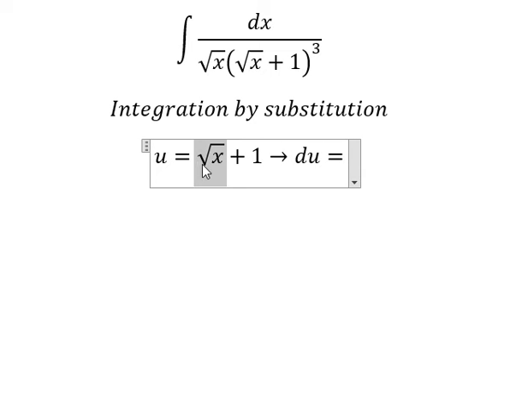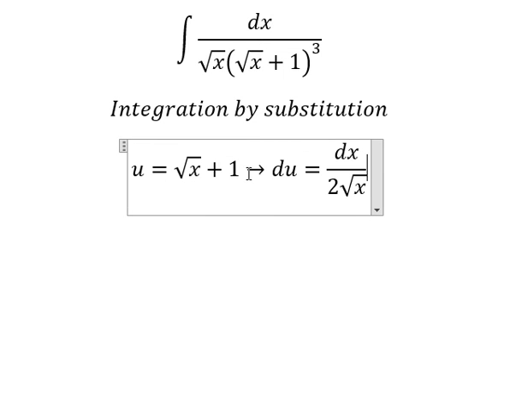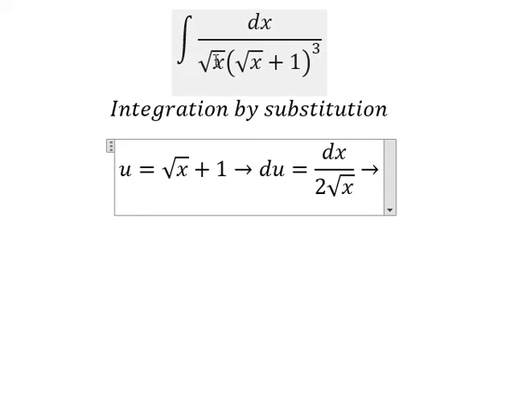First derivative of the square root of x, we have 1 over 2 times the square root of x. This one is a constant, so you get 0 here. Because we don't have the number 2 here, I will move 2 to the left.